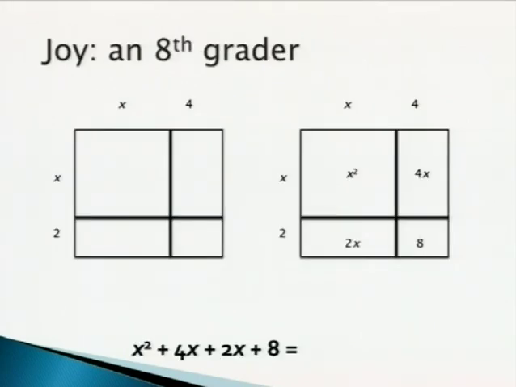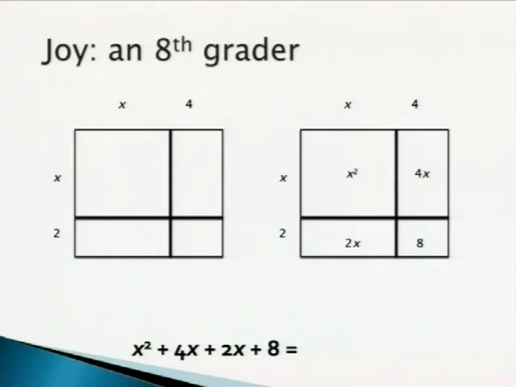Here's a specific example. Our colleague, Mr. Lancaster, works with individual middle school students. He wrote to us about one student, Joy, who is struggling in algebra. Joy's teacher uses diagrams like these in class. When Mr. Lancaster presented Joy with a diagram on the left, she easily filled it in, as shown on the right.